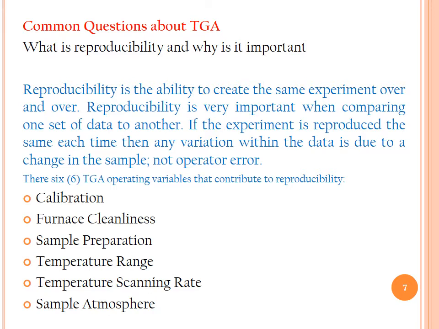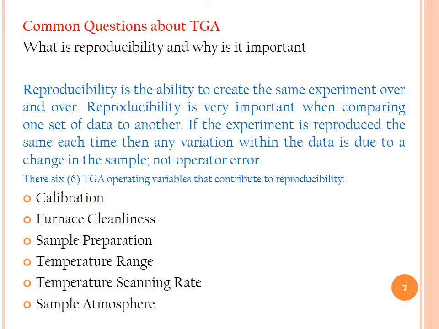Basically, reproducibility is the data repetition by a different instrument operated by a different analyst in a different analytical lab. So three parameters cover reproducibility: different instrument, different analyst, and analysis performed in a different lab.